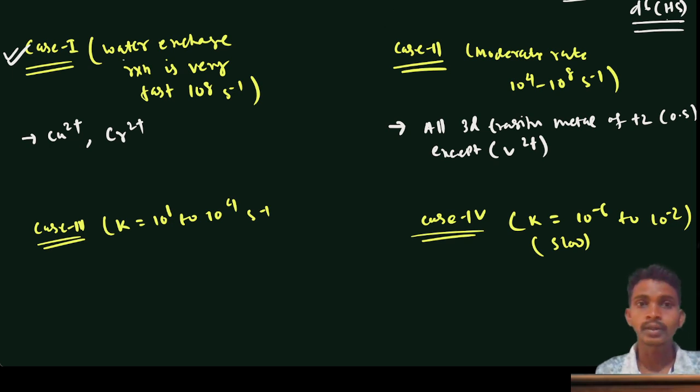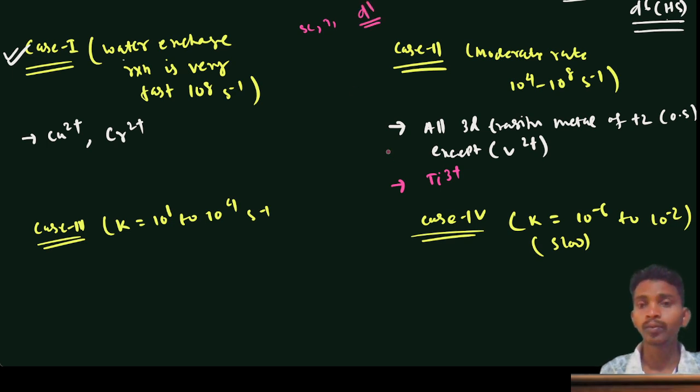Also in this category, what we have seen is this VBT concept. We see titanium 3+, that is scandium, titanium, that is d2, and 3+ means that will become d1.